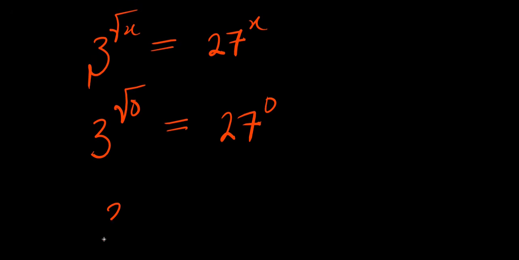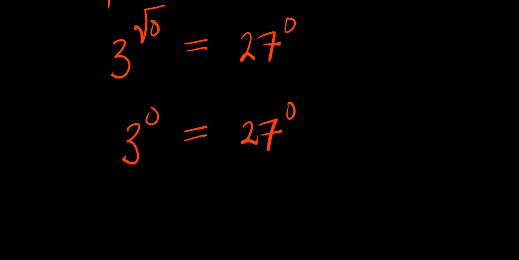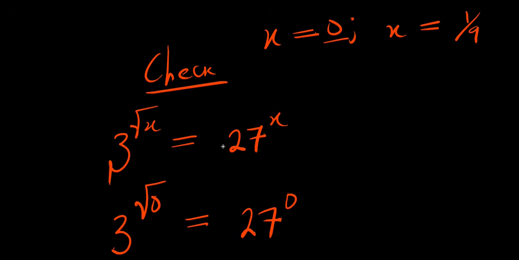And from here, I have 3 power square root of 0, which is 3 to the power of 0, is 1, equals 27 to the power of 0, which is 1. So 0 satisfies the equation.